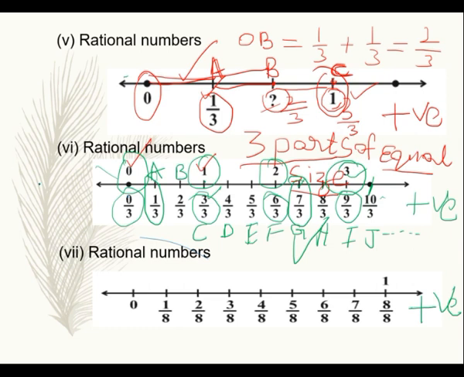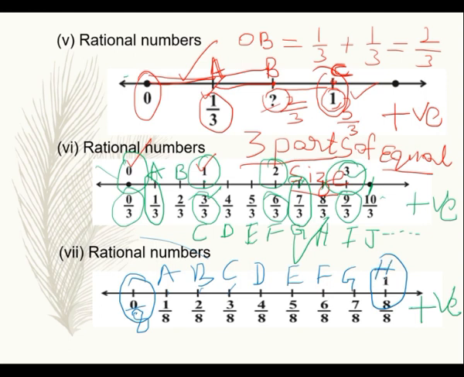See children, here I have 0 and 1. Between 0 and 1, I made some number of parts. How many parts did I make? Yes, I made 8 parts. So I take the points correspondingly A, B, C, D, E, F, G, and H.